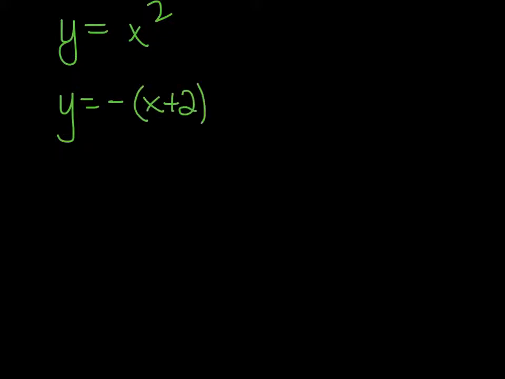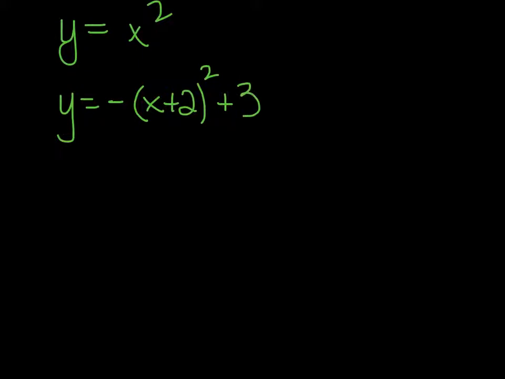All right, last thing, and then we're done here, is sometimes you'll take a graph, again, let's just stick with x squared, and you'll see a negative. Let's just do something like this.